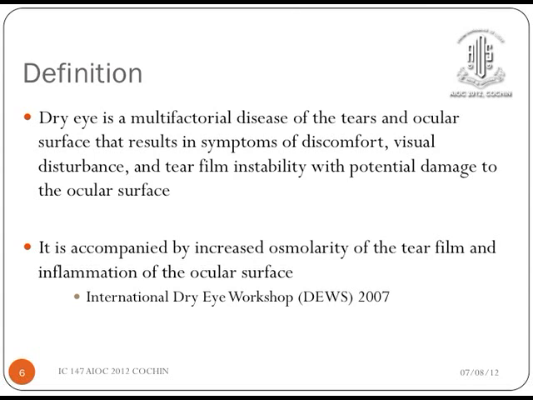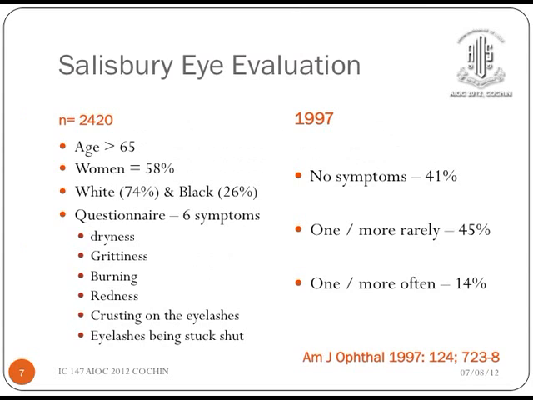One of the earliest studies which assessed dry eye was the Salisbury Eye Evaluation, in which 420 patients were evaluated. Most of the patients were females of age more than 65 years.